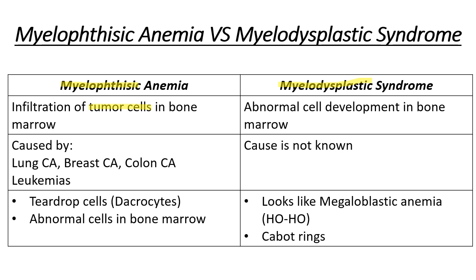And these tumor cells may be caused by the metastasis from your lung cancer. No? Most common yan na nagkakaroon ng infiltration sa bone marrow. Sa mga women naman, madalas breast cancer, adult males, colon cancer, and sa mga bata, leukemia.